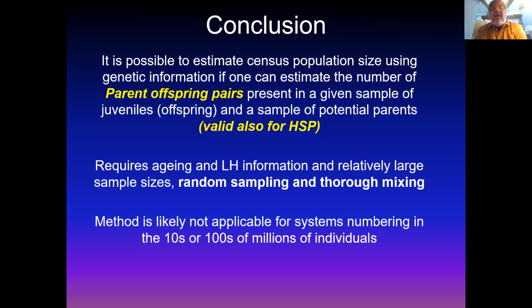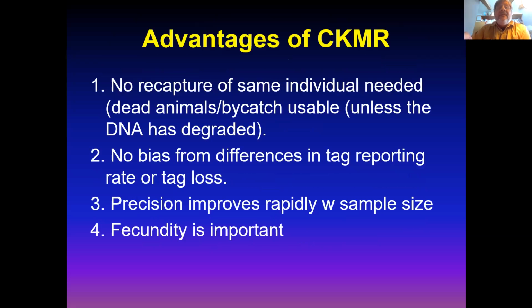The method is not likely applicable for very large systems, very large populations, like for instance, if you wanted to do it on herring in the Gulf of St. Lawrence or on capelin, I wouldn't go with these methods because the number of individuals is just way too many. But it's applicable for marine fishes of certain population sizes.